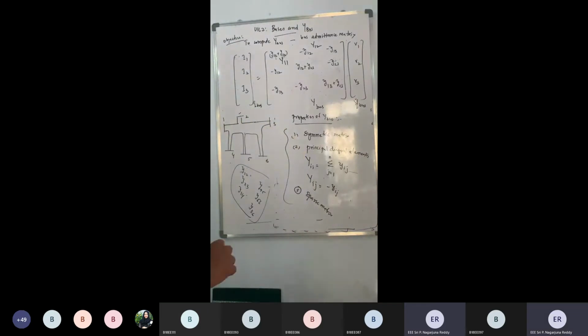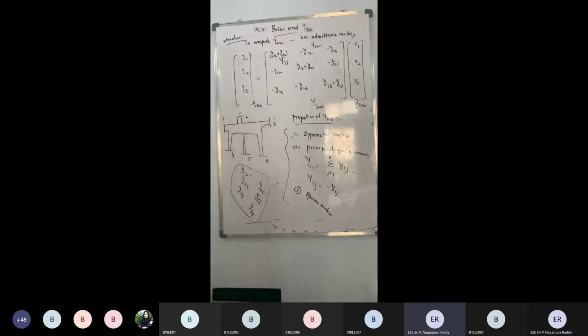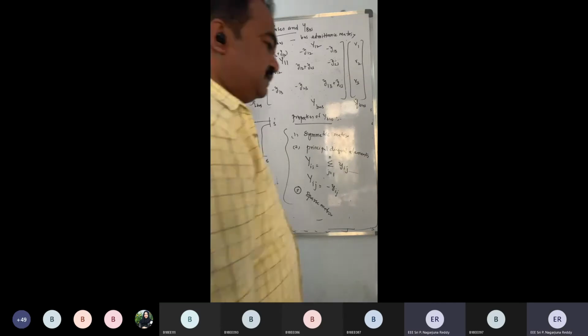Now, if I start representing the impedance, if you carefully see, there is no interconnection between 2 and 4. Isn't it? If there is no interconnection between 2 and 4, and I want to write the impedance of that particular element in a matrix, what is the impedance of an open circuit, Beta?